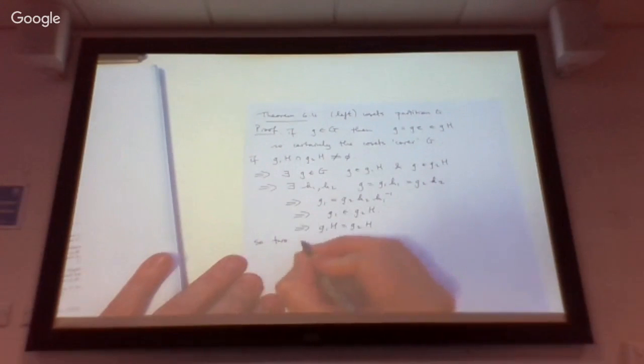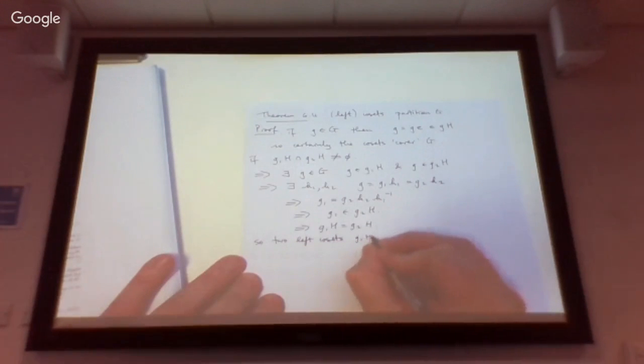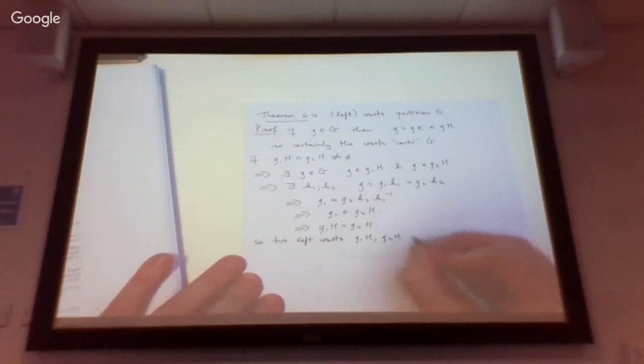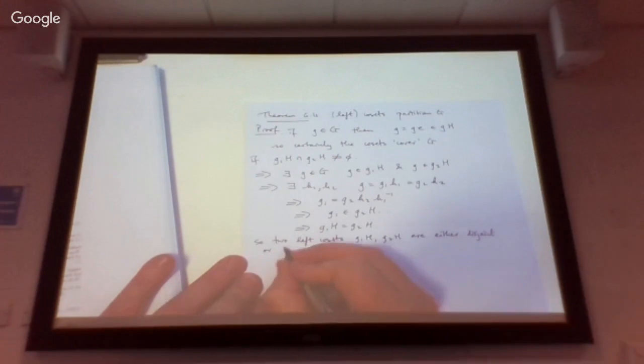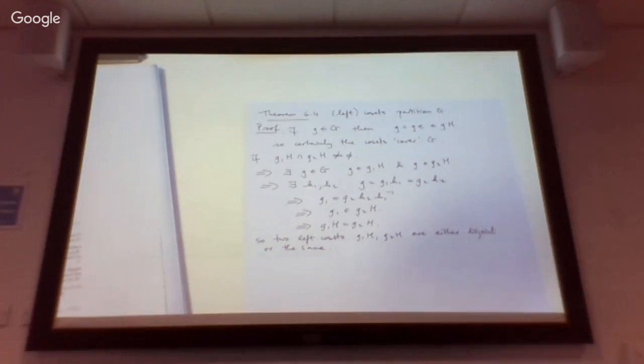Two left cosets, g1H, g2H are either disjoint, meaning they have empty intersection, or the same. Okay, so those two things prove that the left cosets partition G.